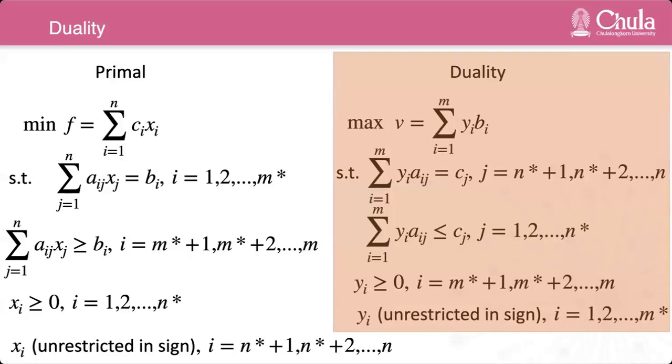B is from the right-hand side of the constraints. And C, the right-hand side in the duality, is exactly the coefficient of the objective function. But here we have greater or equal, right? The duality of it must be lesser or equal. And the objective function in primal is a minimization, but the duality must be maximization.